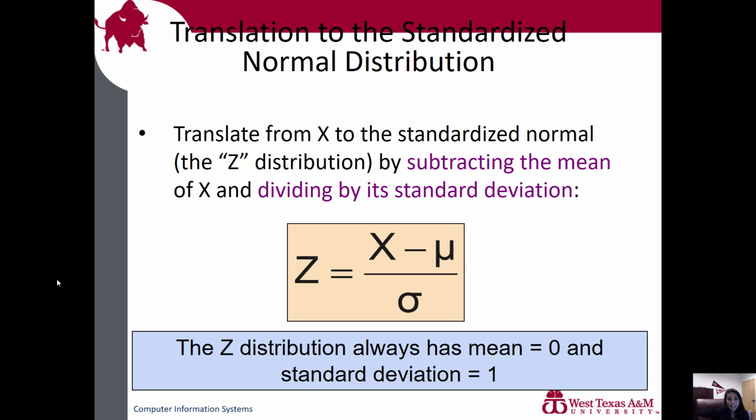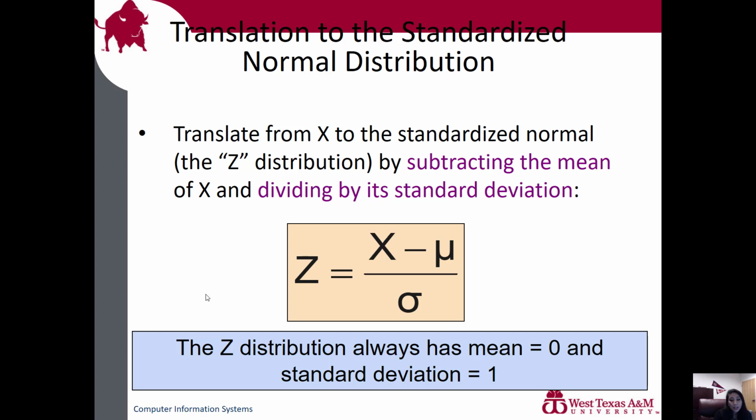So to translate a score to the standardized normal or the z distribution, you just want to subtract the mean of x and divide by its standard deviation. For example, let's say you have an IQ score of 115, with an IQ having a mean of 100 with a standard deviation of 15.